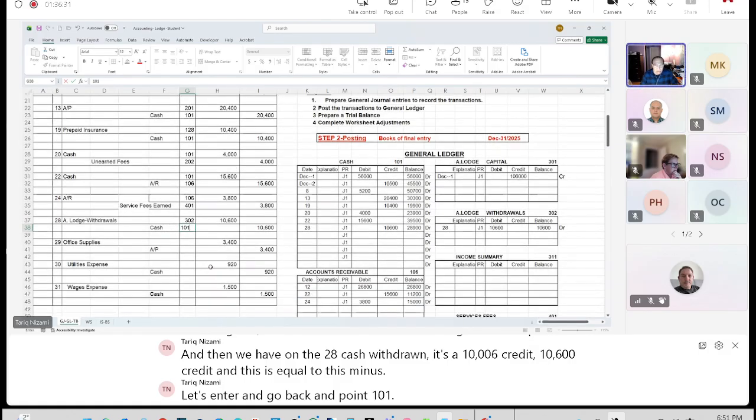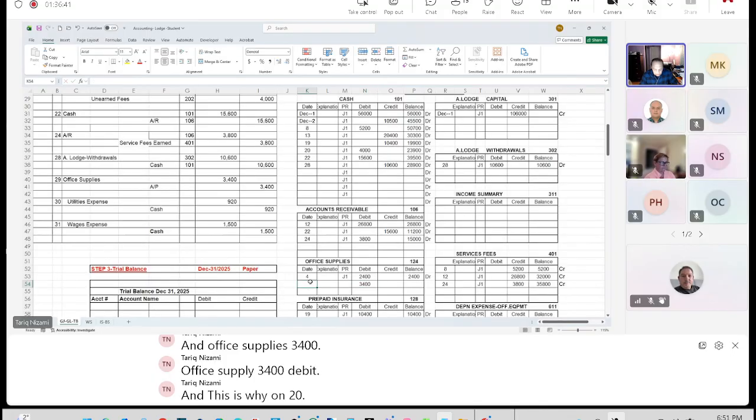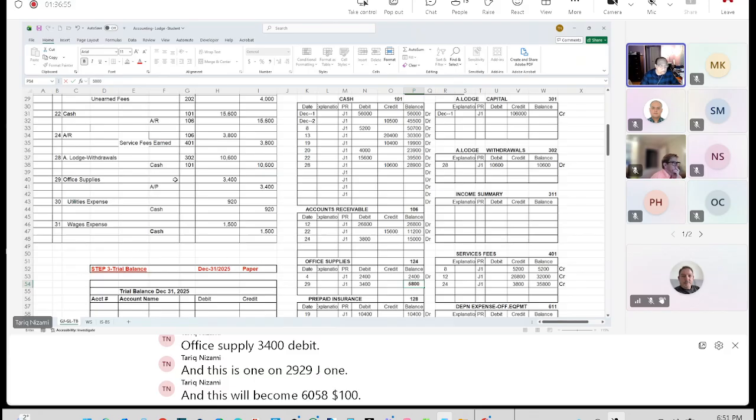And office supplies 3,400. Office supplies 3,400 debit. And this is on the 29th, J1. And this will become $5,800. So this is going to be 124.